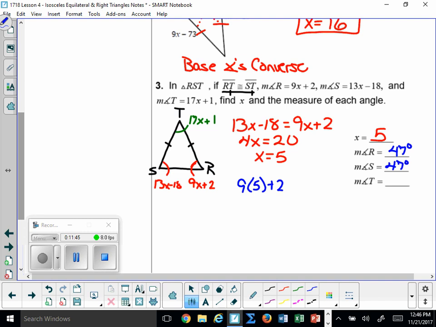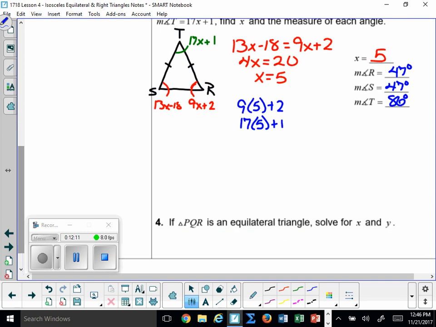I just didn't want to do 13 times 5. 17 times 5 plus 1 is 86 degrees. Don't forget your degree signs. At half a point per problem on the test, it's really painful when you forget that.